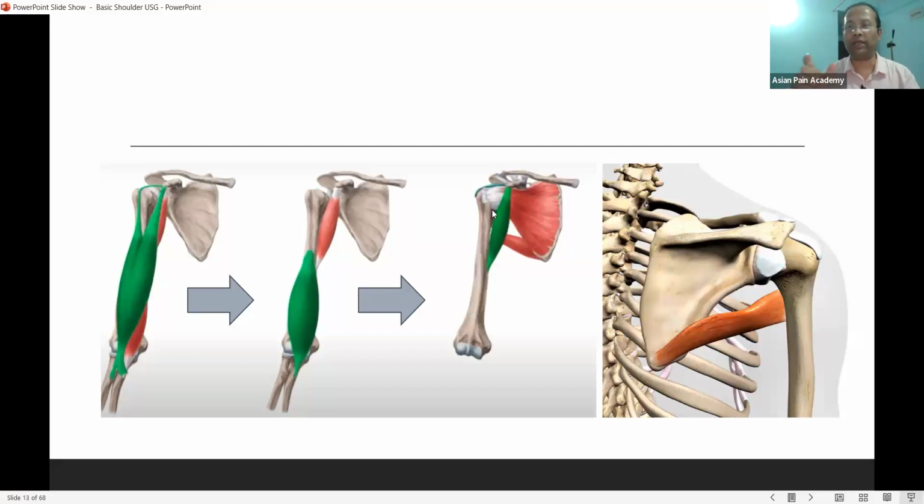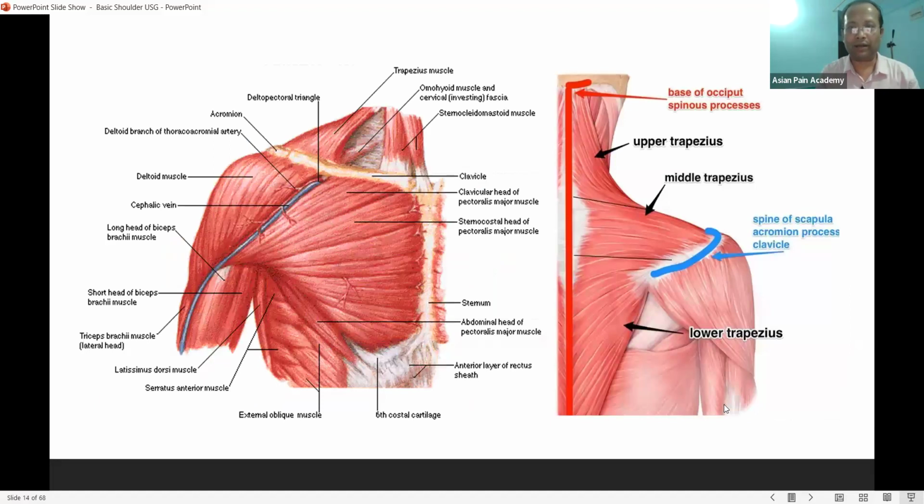Sometimes while doing ultrasound of the shoulder we see the coracobrachialis muscle also, because everywhere there is a tendon formation and joining at the bone, there is a chance of tendinitis. And this, I told you, is teres major. Teres major goes in the front side, like the subscapularis tendon.